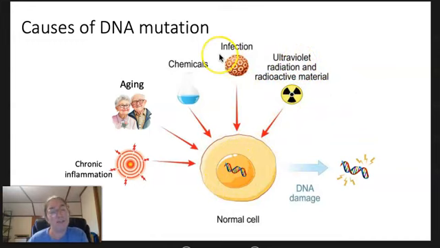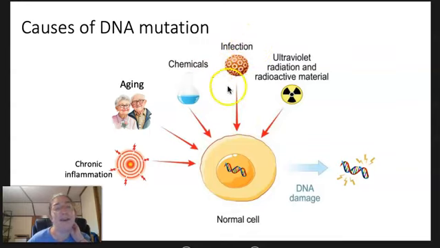Infection is another source. There are various viruses and even bacteria that can cause genetic mutations, but the most well-known ones are HPV, human papilloma virus, and the hepatitis viruses, namely hepatitis B and hepatitis C. These are viruses that are known to cause genetic mutations in the cells they infect that lead to the development of cancers of those tissues.